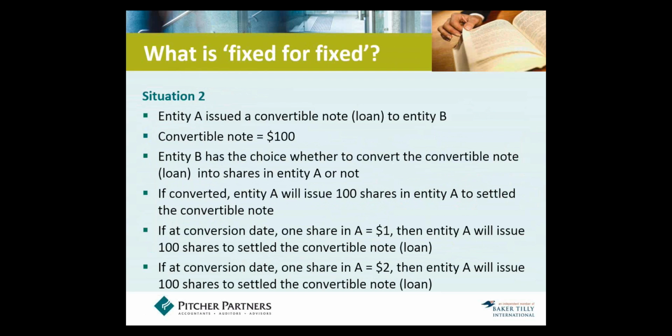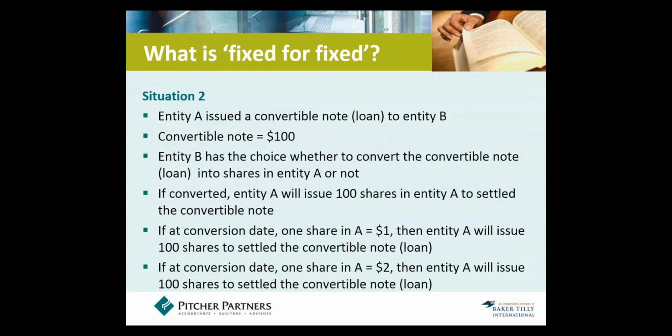Now, if at conversion date one share in A is worth $1, then entity A will issue 100 shares to settle the convertible note or loan of $100. However, if at conversion date one share in A is worth $2, then entity A will still issue 100 shares. So what we're saying is it doesn't really matter what the value of the shares are at conversion date.